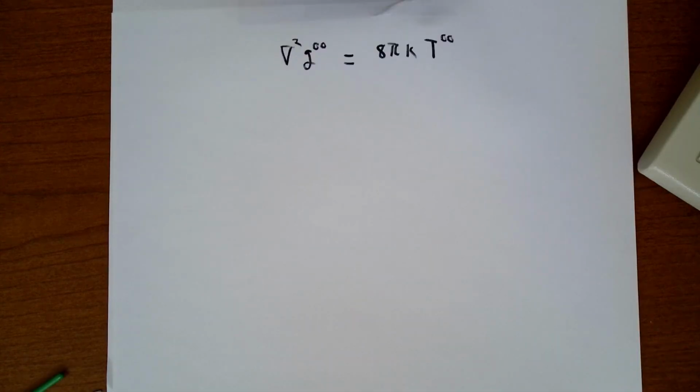One last time, in the simple toy problem, the field equation looks like Laplacian of G00 in the upstairs position is 8 times pi times Newton's constant times T00, with zeros now in the up position to match the other one.